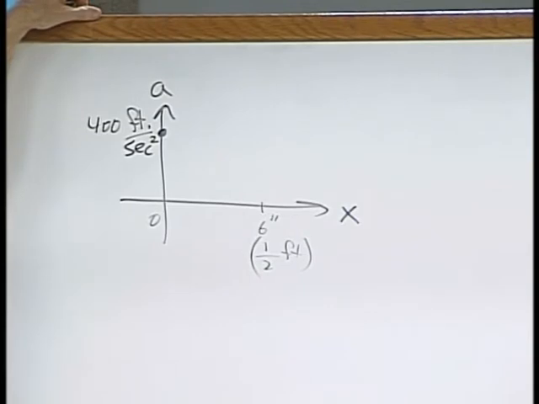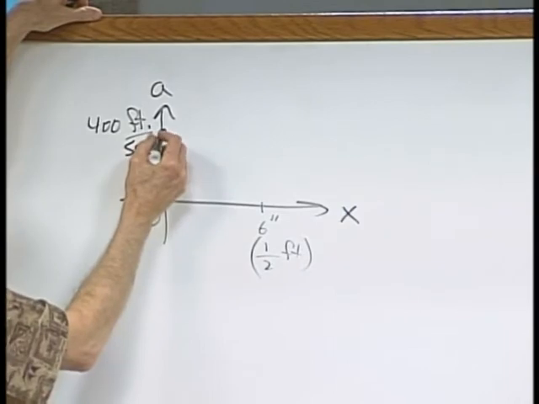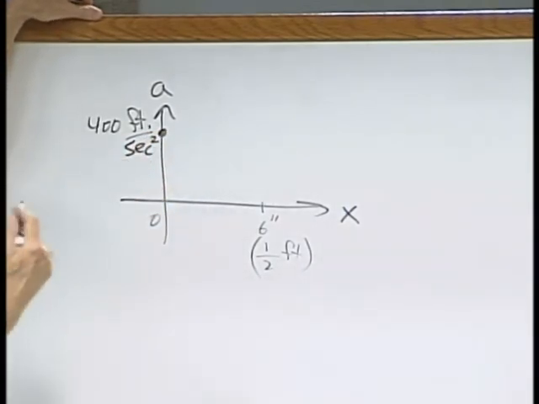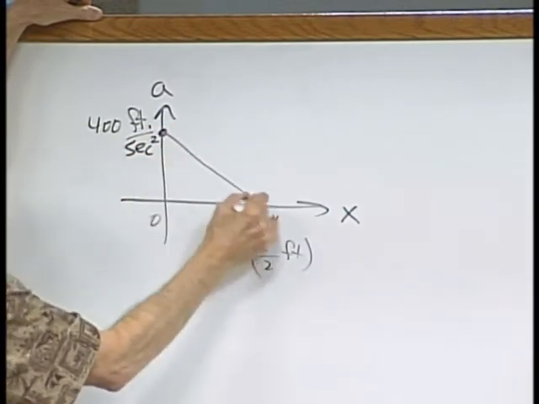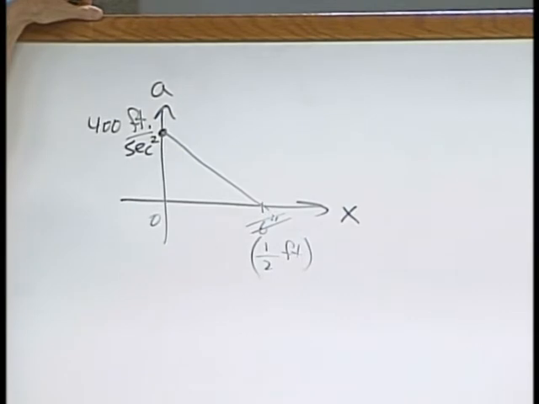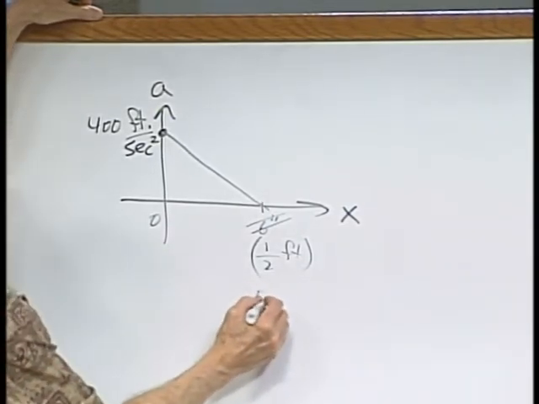So the first thing I usually do in problem solutions is make sure all my units on my sketches and everything are consistent, and then I move forward from there. They tell us this acceleration decreases linearly as the spring relaxes, so we know we have a linear function here, and I'm going to take that 6 inches out of there so I'm not even tempted to use it. And so we have 0.5 feet here.